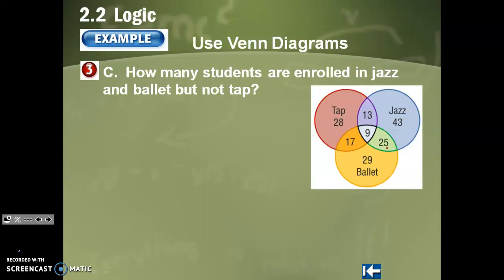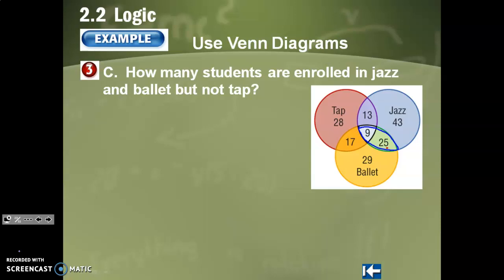How many students are enrolled in jazz and ballet but not tap? So jazz and ballet but not tap. Here, where we're looking for the jazz and ballet, we want to look at where they overlap each other. So it's really those two numbers, 25 plus the 9.